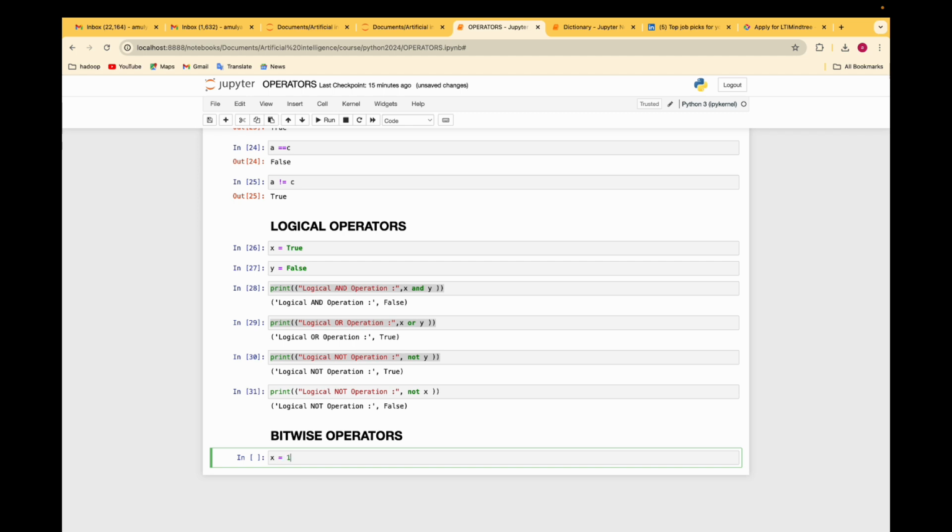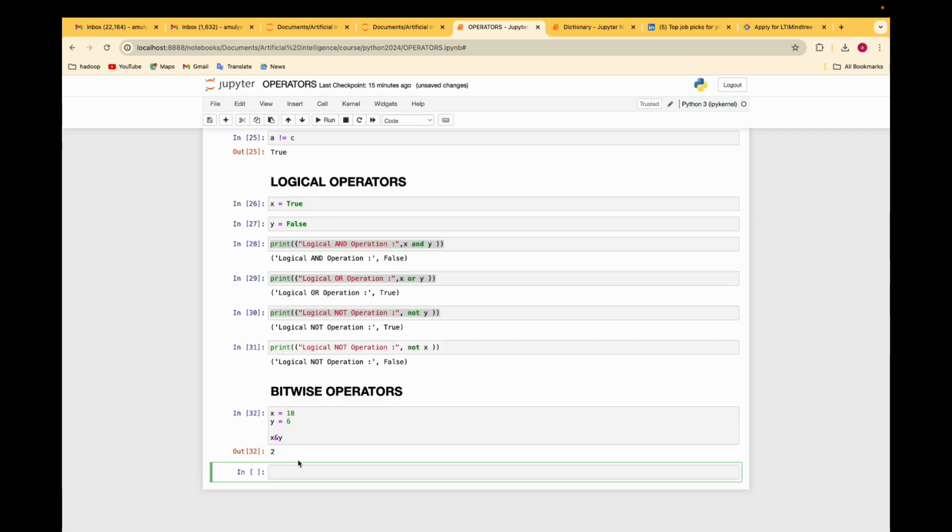Suppose x equals 18 and y equals 6. Let's say x ampersand y. When you run it, you get the value 2. So this performs a binary operation on top of it.